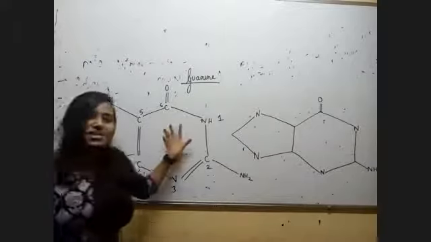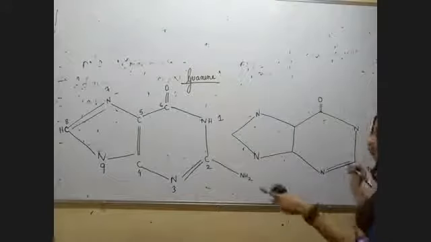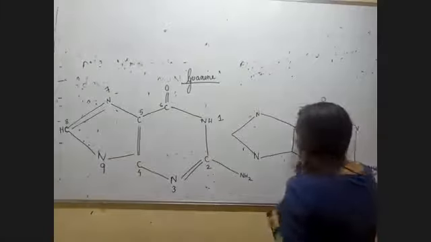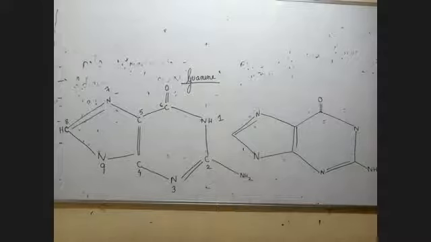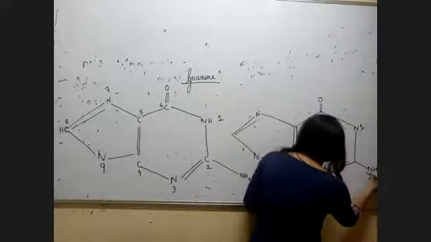If you are finding this structure difficult, just go for this structure, okay? It is just for numbering that I showed the carbon positions. One. Don't consider this as nitrogen, okay? This is an amide group.